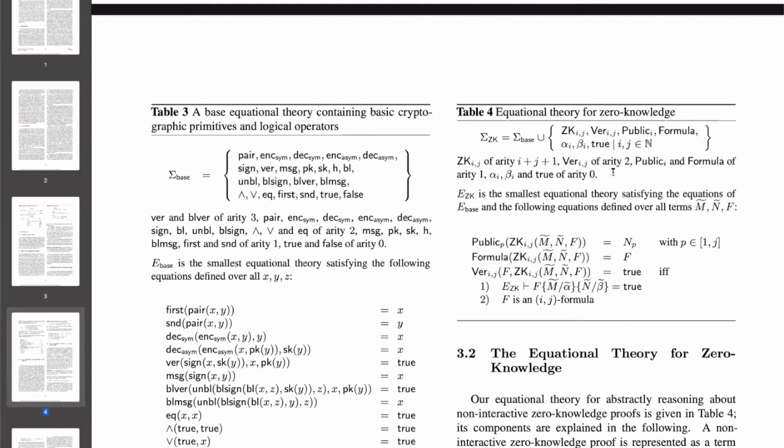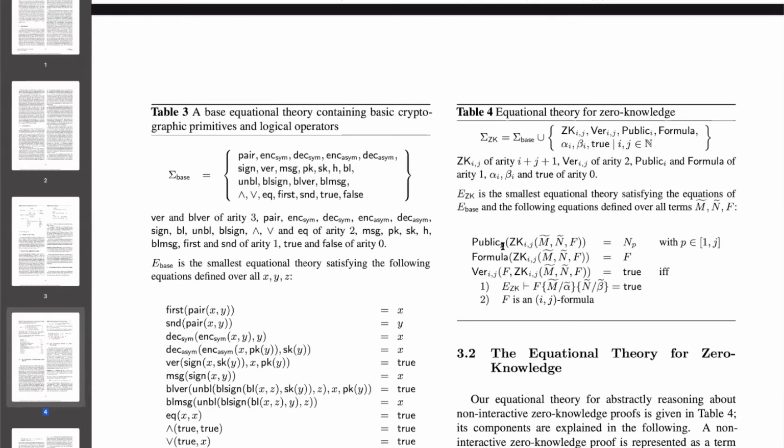So these are the constants. Formula is of arity 1. Likewise, public is also, I think, of arity 1. Yes, public and formula are of arity 1.